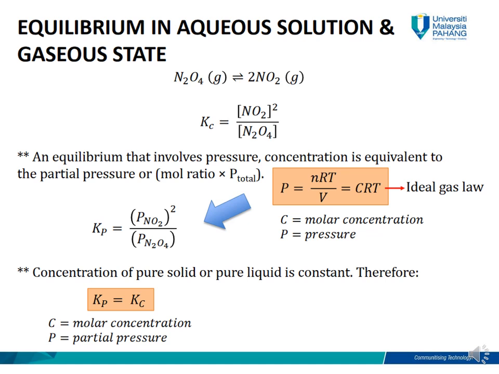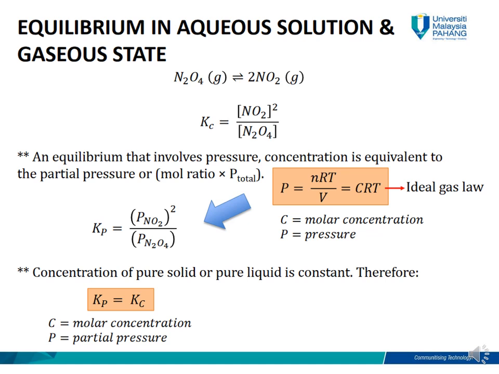Besides that, we also have Kp. Kp comes from the equilibrium constant using the partial pressure as the parameter. Here you can see the same method is used to write the mathematical equation, even though it uses the partial pressure for each reactant and product.